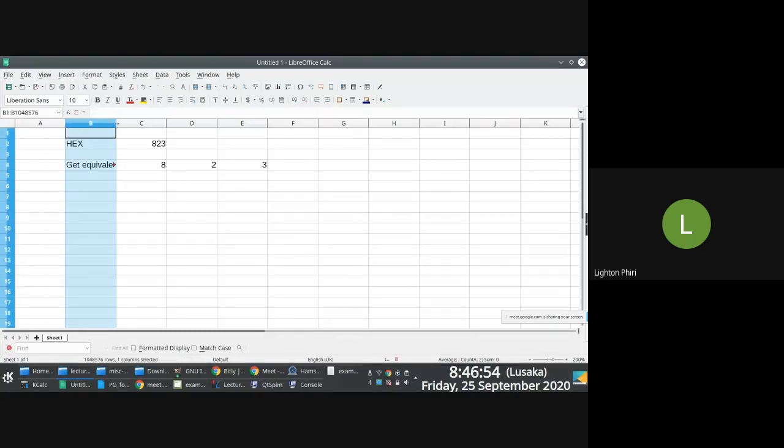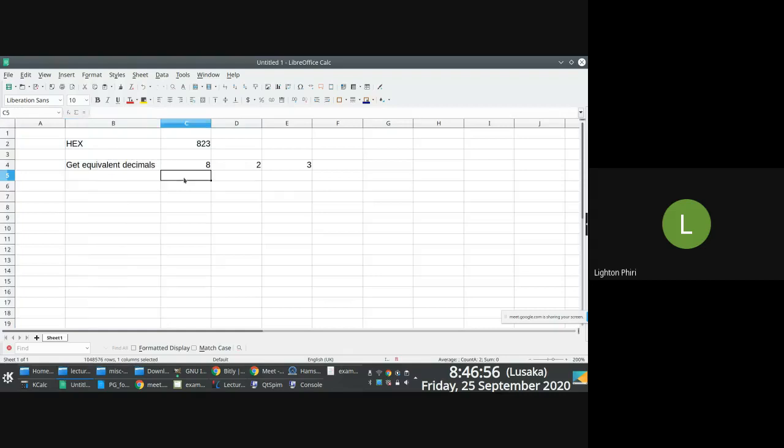Then you identify powers of 16, from right to left, 16 power 0, 16 power 1, and 16 power 2, right?